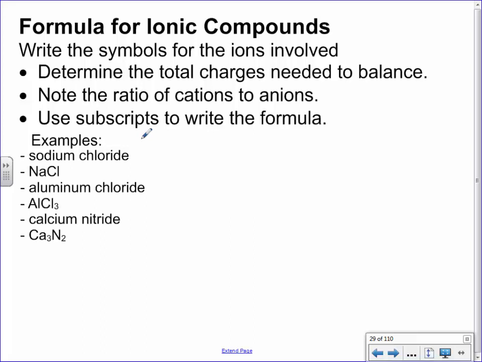If that was the case, you wouldn't go X 2, Y 4 and cross these over, because 2 and 4, like in math, can be reduced to 1 and 2. So we always reduce it to lowest terms if you can. But otherwise, this crossover concept, where this charge goes on this guy and this charge goes on this guy, does typically work.